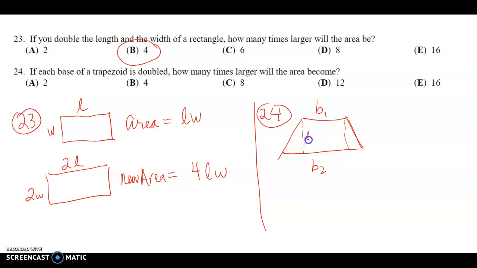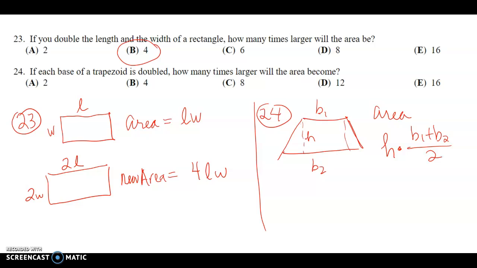And the area of a trapezoid is the average of the bases, so B1 plus B2 over 2 times the height. We could actually piece this together and make a rectangle out of it if we move this little triangle over to that side. Okay, so that is our formula for the area of a trapezoid.